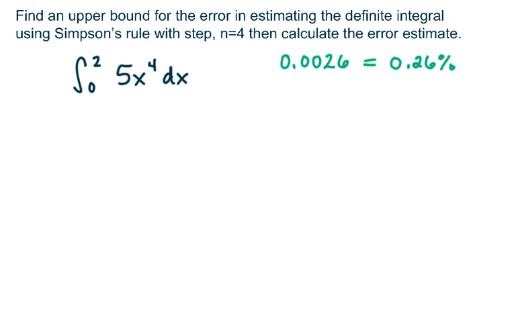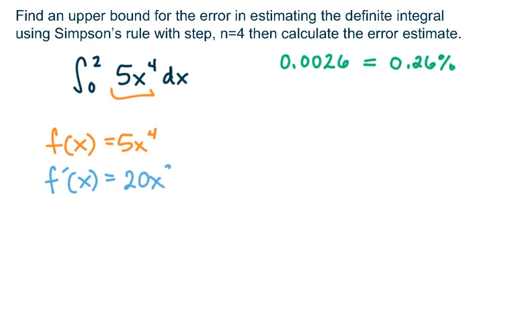If we go to apply our Simpson's rule error estimate, we need to find that upper bound first. So we're going to take our function f of x, which is 5x to the fourth, and calculate up to the fourth derivative. f prime of x is 20x cubed. My second derivative is 60x squared.